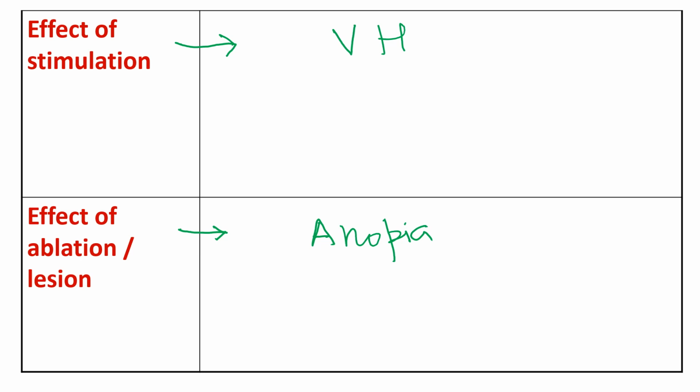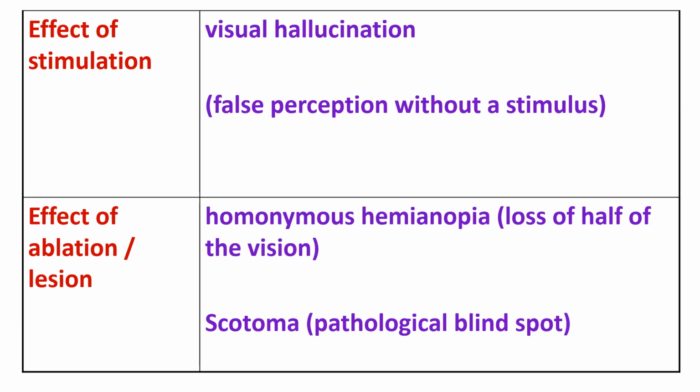Of course, if one-sided cerebral hemisphere will be removed or lost, there will be hemianopia. So these are effect of stimulation and ablation. So stimulation causes visual hallucination, that is false perception without a stimulus.